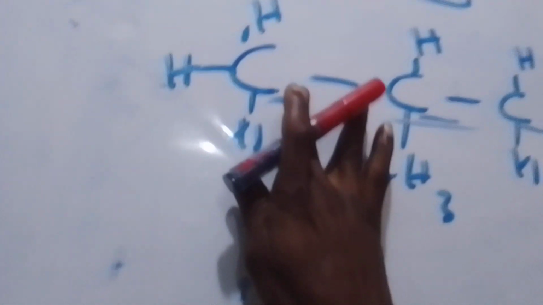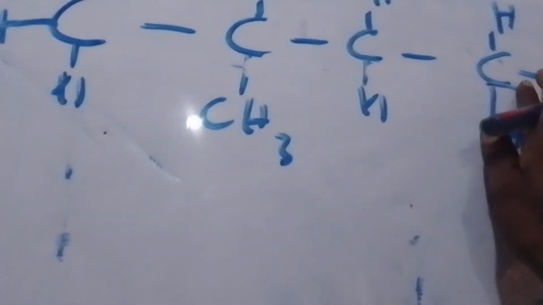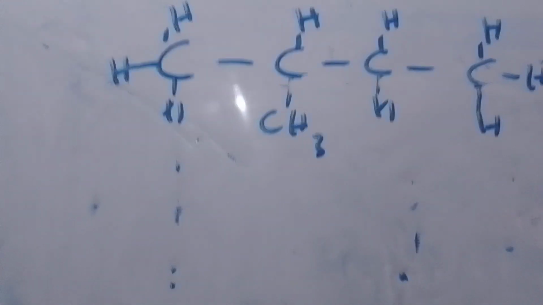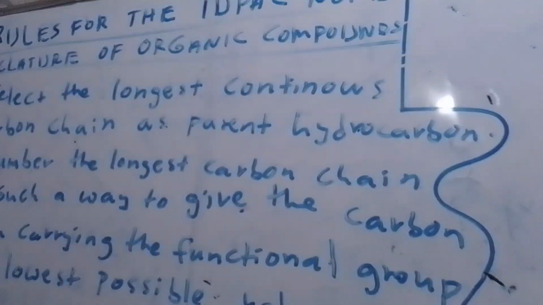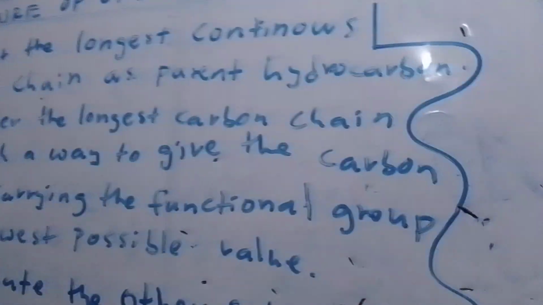Okay, now look at this compound here. Having selected the longest continuous carbon chain, the next step is to number the carbon atoms. The question is, how do we number the carbon atoms? The rule is that you have to number it in such a way to give the carbon atom carrying the functional group the lowest possible value.